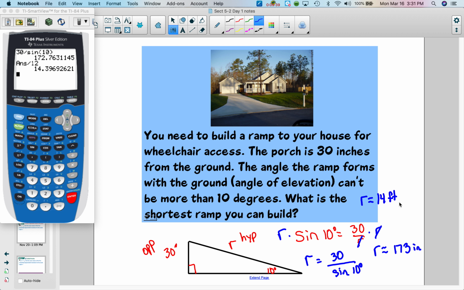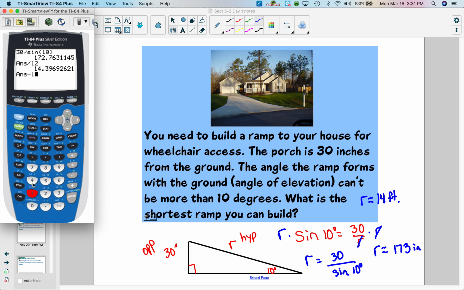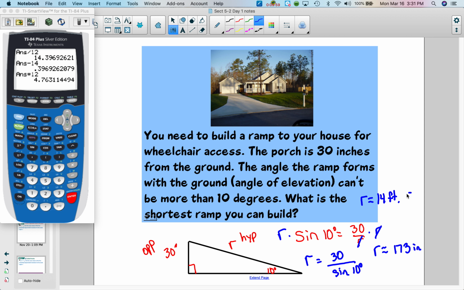Let's be fancier. I'm going to subtract the 14 to get rid of that part of it. This is a part of a foot. It's less than a foot. I want to know how many inches that is, so I'm going to multiply this by 12. And I get about 5 inches. So let's say 14 feet, 5 inches would be the shortest ramp you could build according to code.